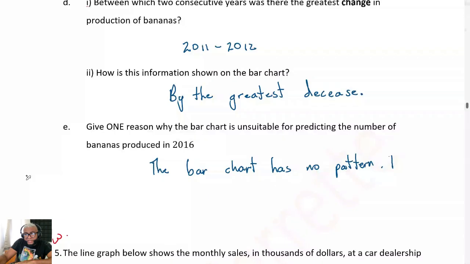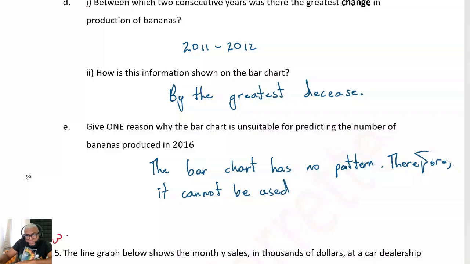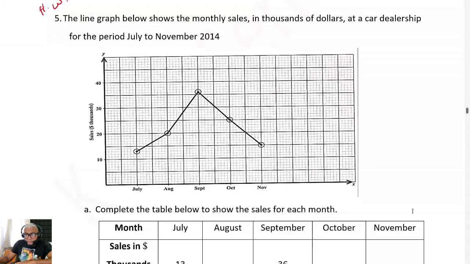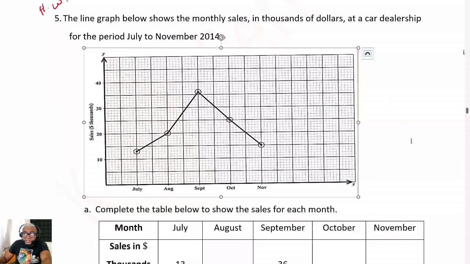Bar chart had no pattern, but if you want to elaborate, therefore it cannot be used to predict 2016.